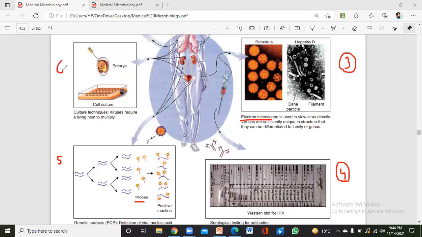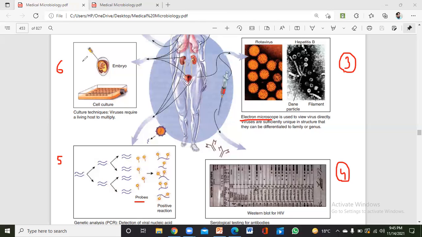And the last way, which is done mostly in rare cases, is that we culture the virus. We produce a cell line, and after that we inject the inoculum into those cells. The virus starts growing inside the cells, and then we can detect it in the microscope, or we can detect its cytopathic effect, how it kills the cells.